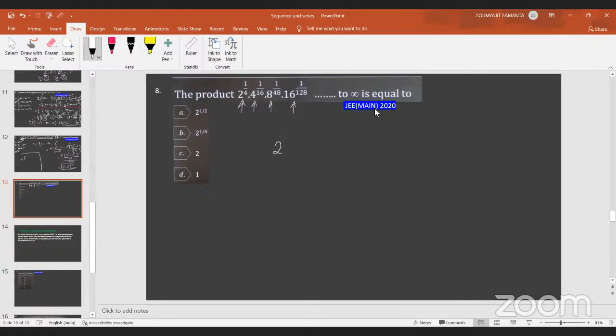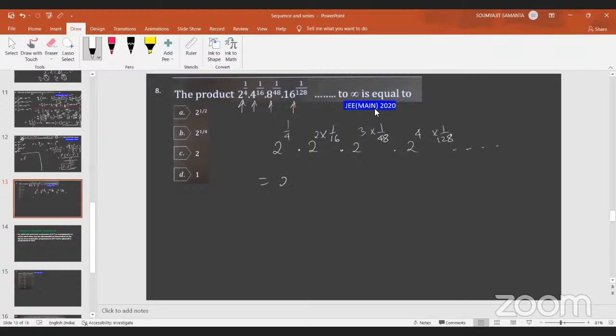So 2 to the power 1 by 4 in the first term, into 4 can be written as 2 squared. Yes or no? 1 by 16. Similarly, we can write 2 cube, 1 by 8. 16 can be written as 2 to the power 4, into 1 by 2 to the power 8, dot dot.